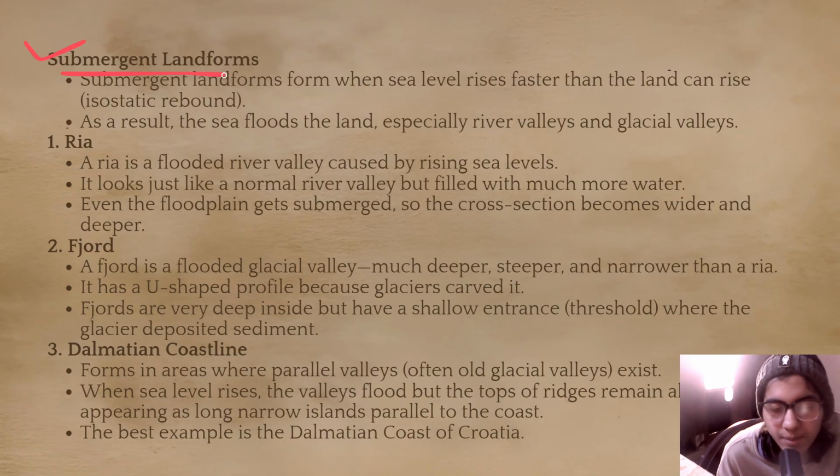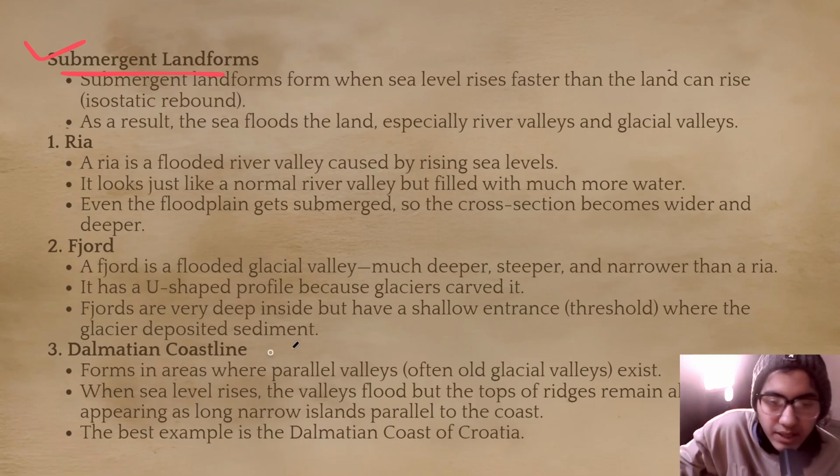The best example of this is the Dalmatian coast of Croatia. You can see it online, where the land is much higher than the sea level.